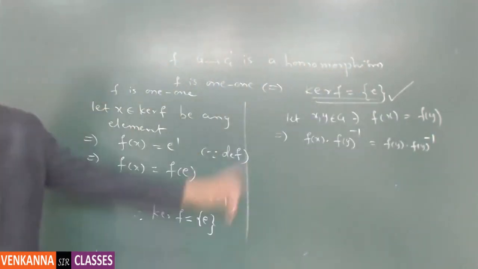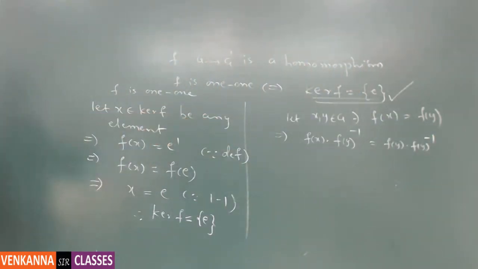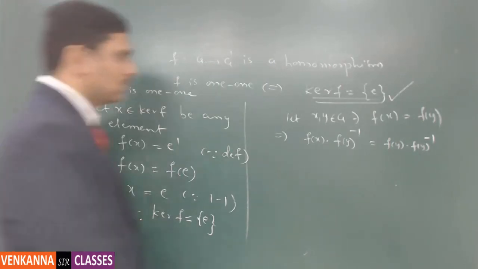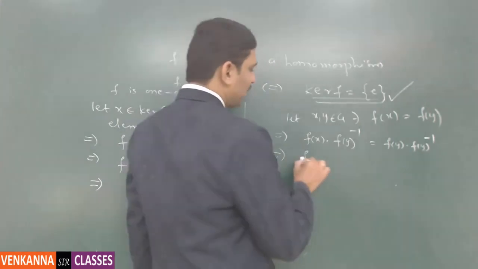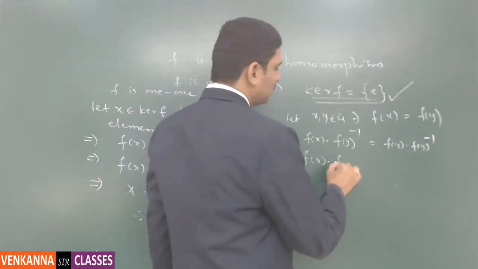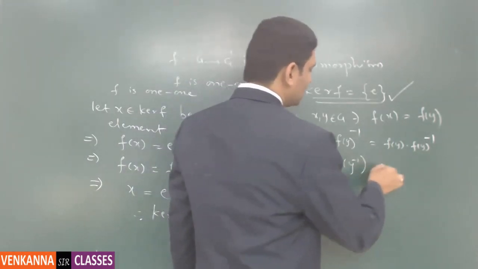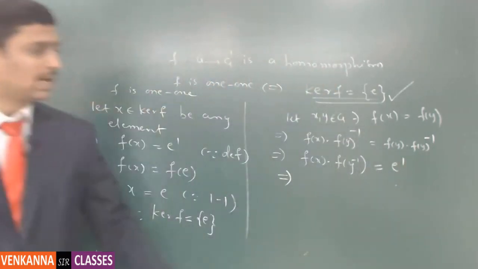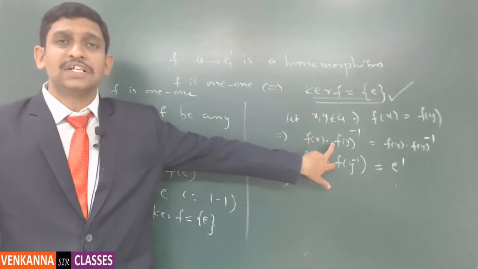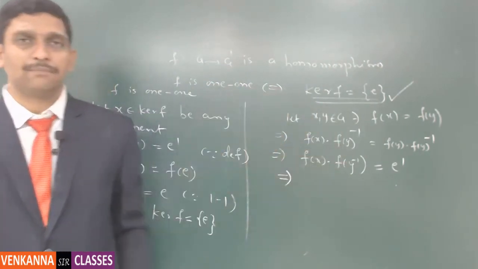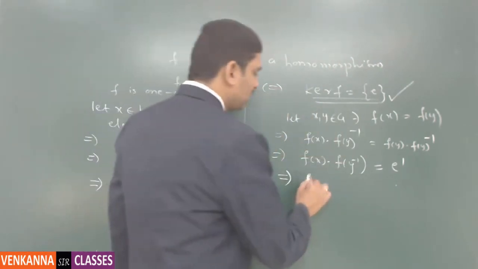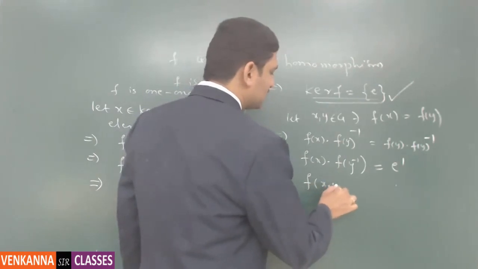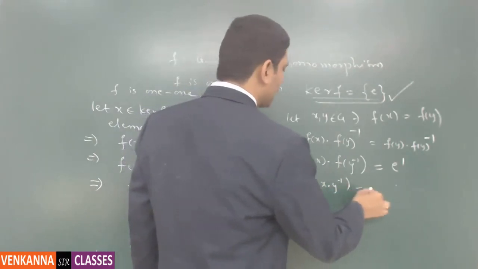So what I am doing is multiplying both sides with f of y inverse. So from this you can say that f of x into f of y inverse is equal to identity. Since f is a homomorphism, you can write it as f of x y inverse equal to e dash.